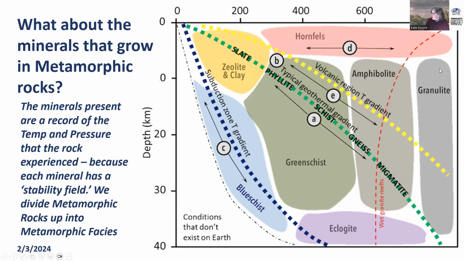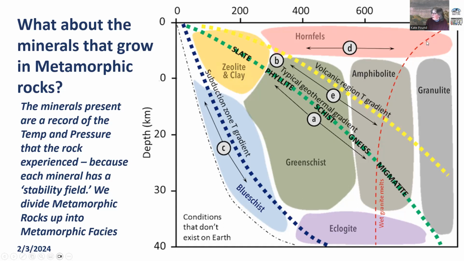And then once we move over to the right, we get into rocks that are granulite facies. So deep, well, range from deep to maybe 8 kilometers, but really high temperatures.